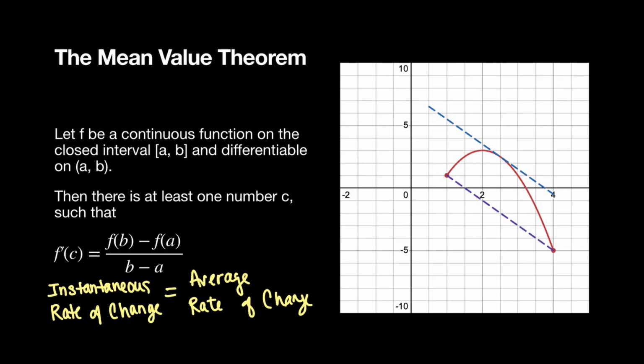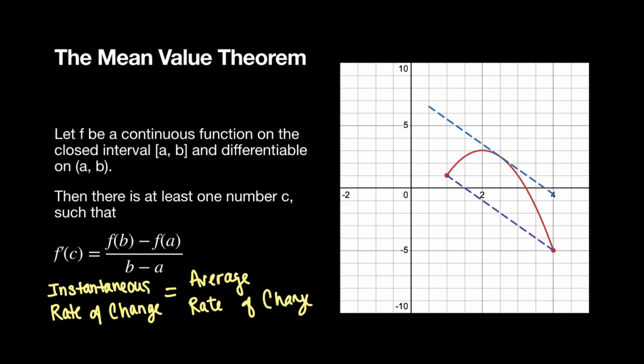So this right-hand side, f of b minus f of a over b minus a, was our average rate of change. That is actually the slope of a line that connects those two endpoints. And the mean value theorem is saying there has to be a place where the derivative, the instantaneous rate of change, or the slope of the tangent line, is equal to the slope of that secant line.